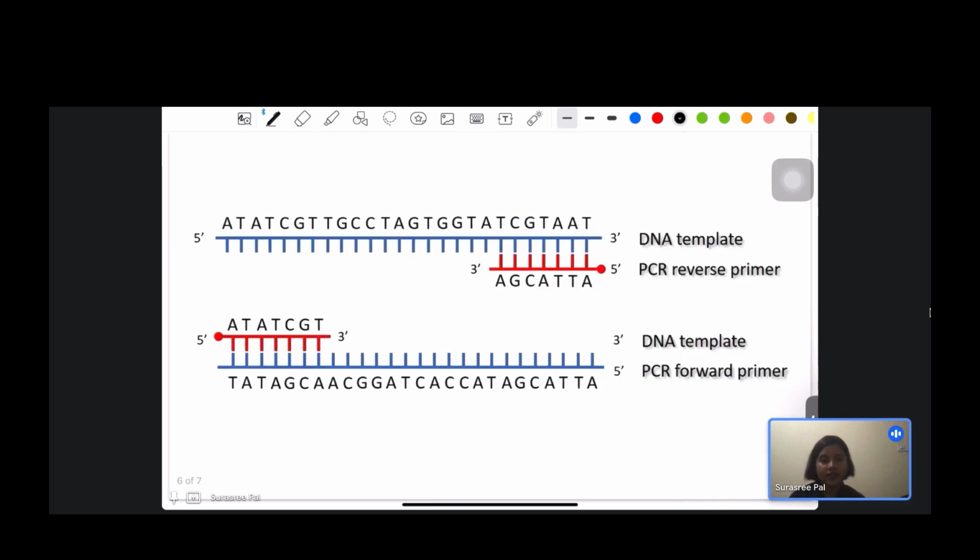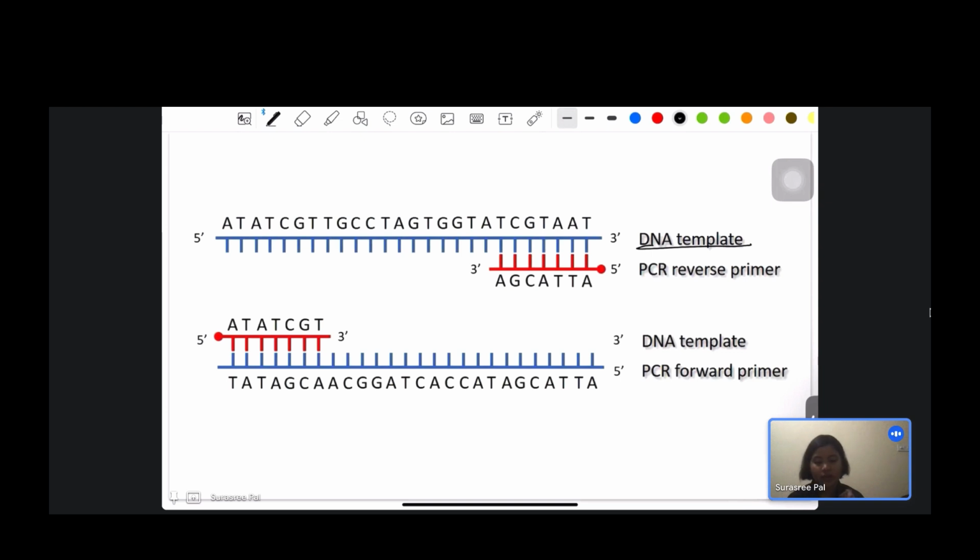Now these are the primers that I also wanted to discuss in this question, the forward and the reverse primers. So the blue strands are the DNA template strands here, and the red ones are the primers. I told you that there are two types of primers, the reverse primer and the forward primer. It is very important to understand their orientations.